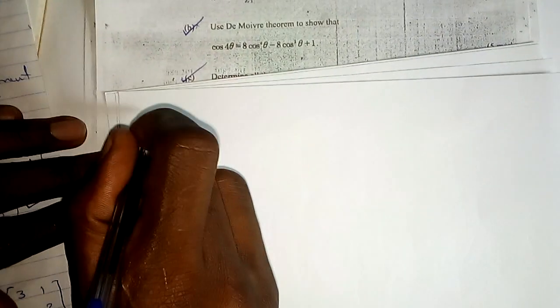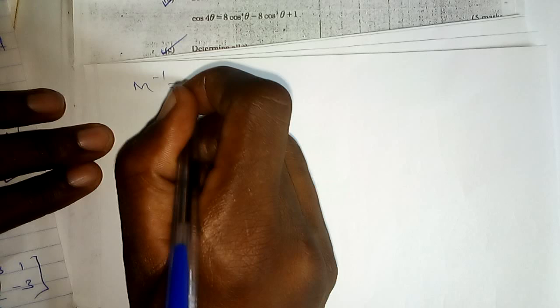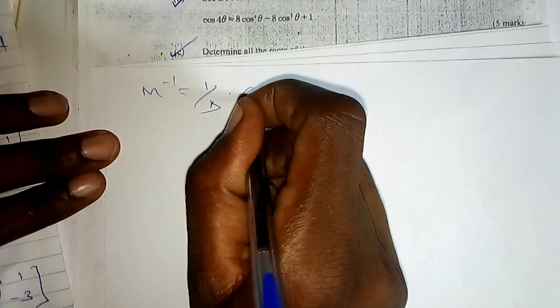So now the answer. We said that M inverse is equal to 1 over determinant multiplied by the cofactor transpose.